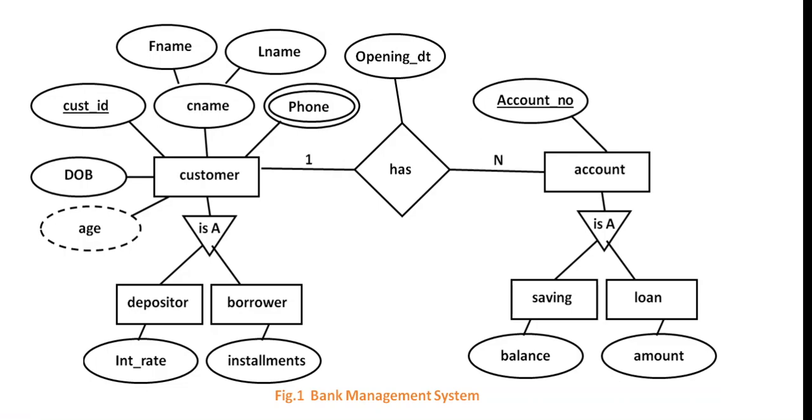Generalization means combining lower level entities into a higher level entity by finding out similarities between lower level entities. Aggregation means to represent a relationship between an entity and a relationship. It is an association between an entity and a relationship, so that is aggregation.